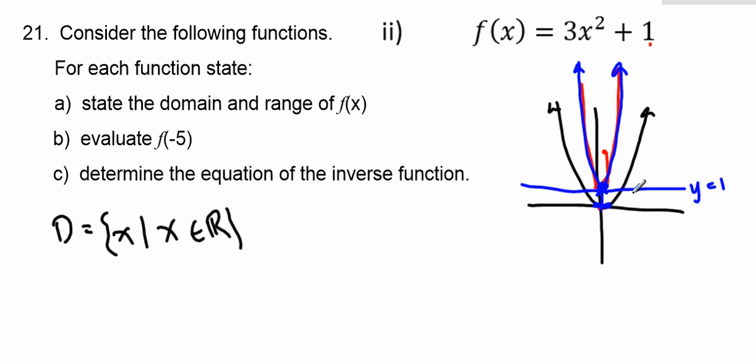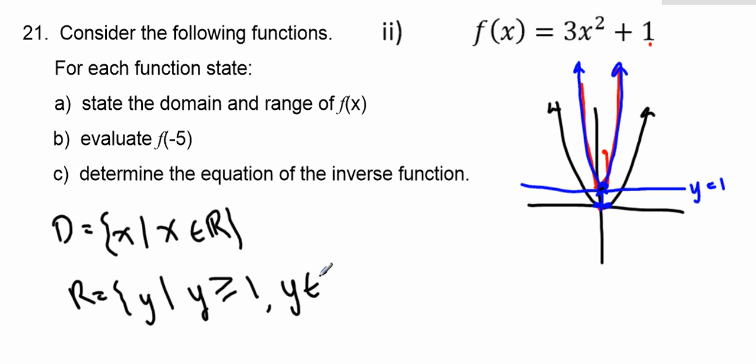So we know that all of the values of y are going to be above that or equal to that. So we say that y is going to be bigger than or equal to 1. So this value of 1 is the absolute smallest. Otherwise, you're allowed to pick any real number you want, and you're going to get a value in the range. So there's the domain and range of that parabola.